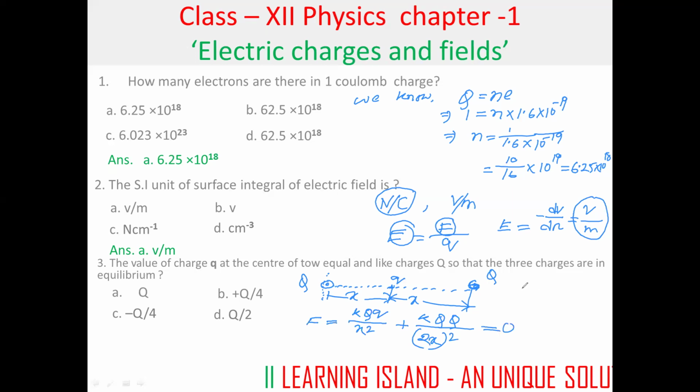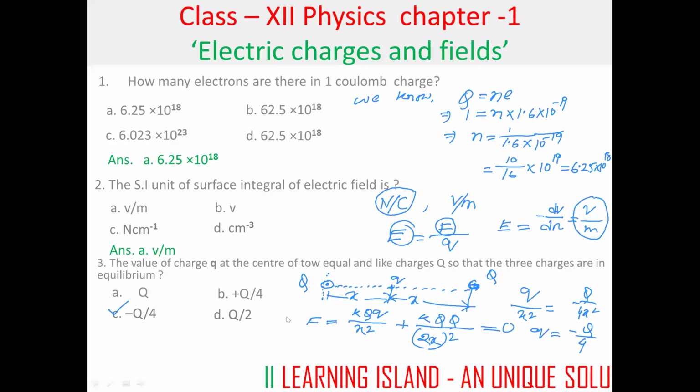Now, if I simplify this, we will get q by x square equal to minus Q by 4x square. On more simplification, we will get q equal to minus Q by 4. So you see here the answer would be minus Q by 4.